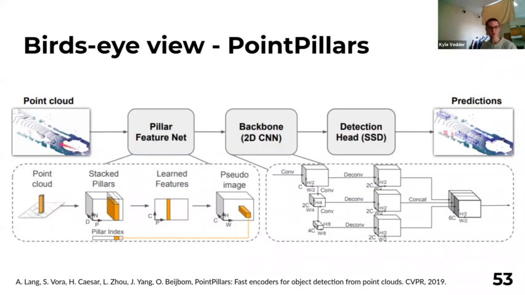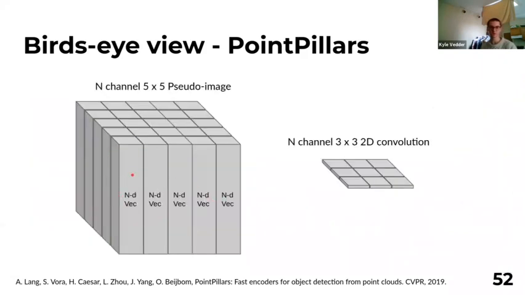So you can take your point cloud, you extract pillars, you stack them, you then run your PointNet over it to do learned feature extraction, and what you get out is a pseudo image, right? Where the pseudo image refers to this because it's essentially akin to taking this, rotating it on its face, facing you, and it's just like the RGB image, except rather than being just 3-channel RGB, it's n-channel depth.